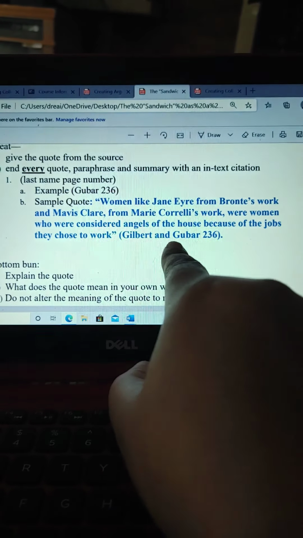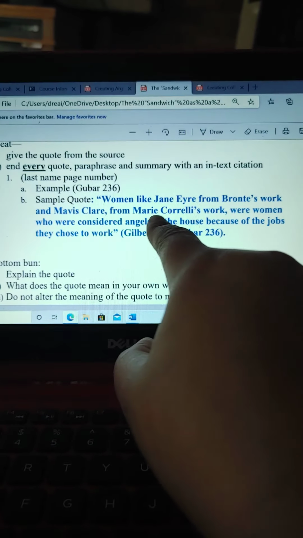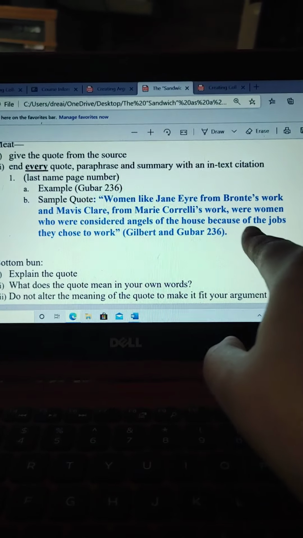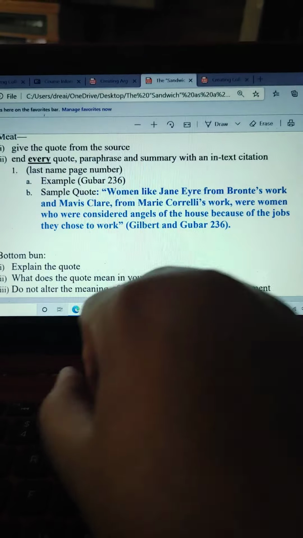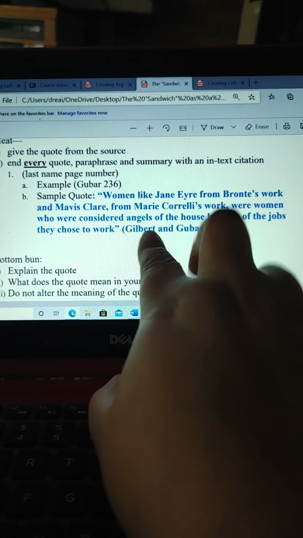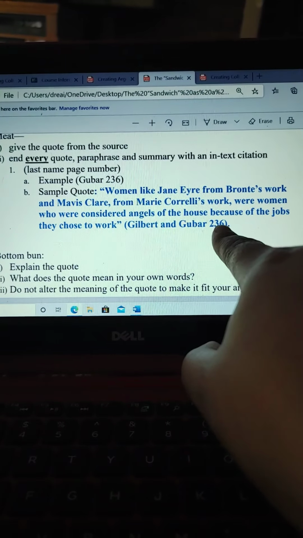So here's how this quote looks. This is my quote right here. Women like Jane Eyre from Bronte's work and Mavis Clare from Marie Corelli's work were women who were considered angels of the house because of the jobs they chose to work. Now I put Gilbert and Gubar here because they both wrote this, but here's the author's name and the page number.